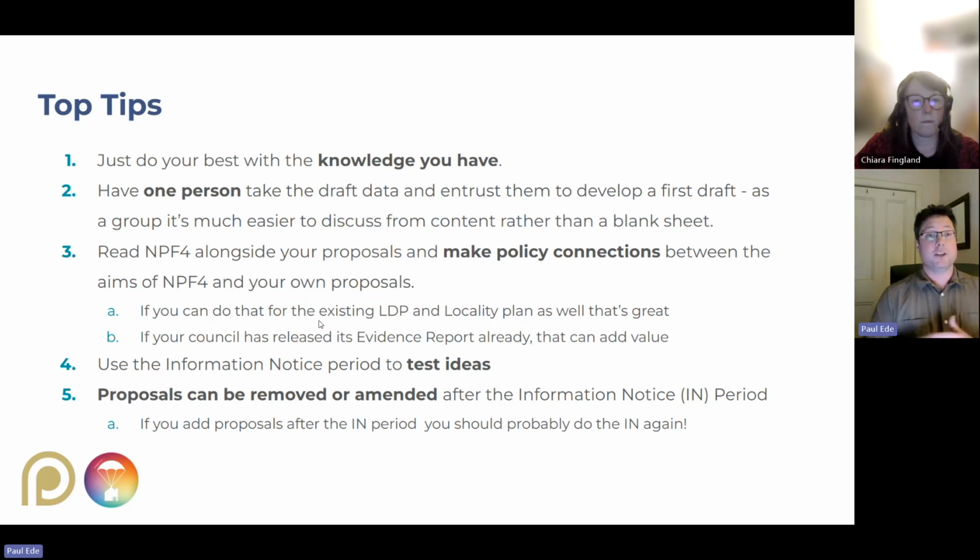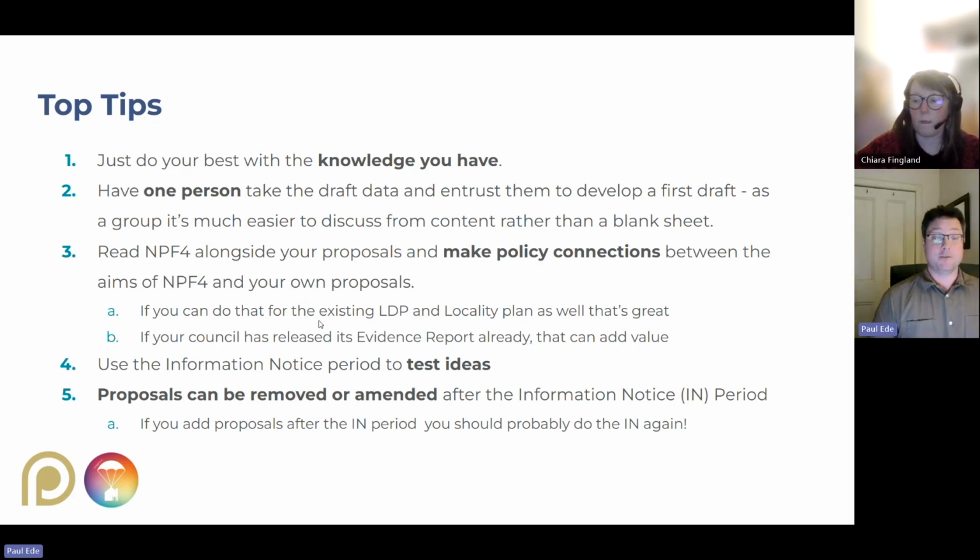But then use the information notice period to test ideas. So when you go out to the consultation, I'll explain in a minute, but you can go wide to your community. You can go beyond the strict requirement of the circular, and you can go back to your community and say, well, what do you think? And you can test the waters again and find out for any given proposal whether there's any conviction or strength of opinion around that.